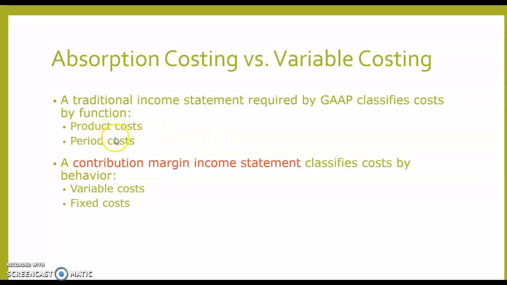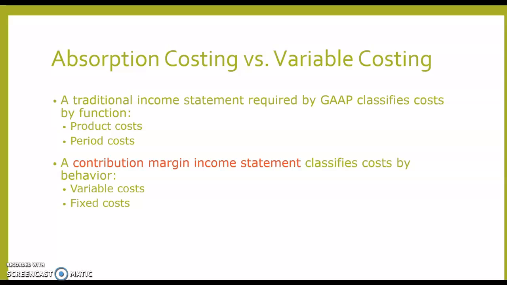So that is how GAAP requires us to do an income statement, dividing the costs between those attached to the product and those that aren't. If we're a merchandiser, we use FIFO or LIFO or whatever to calculate how much belongs to the ending inventory and how much belongs to the cost of goods sold.